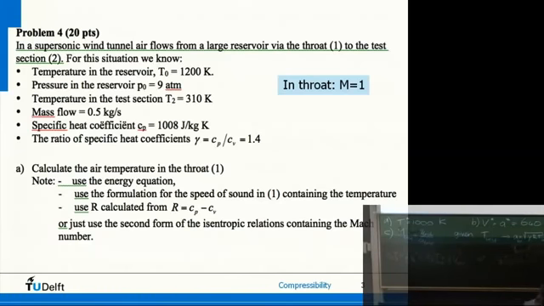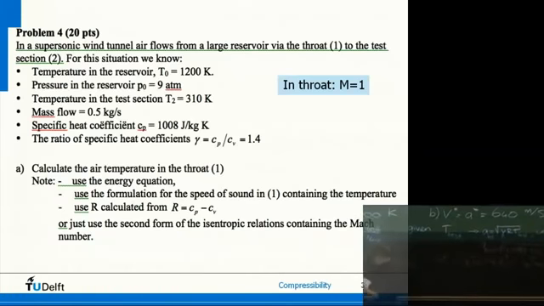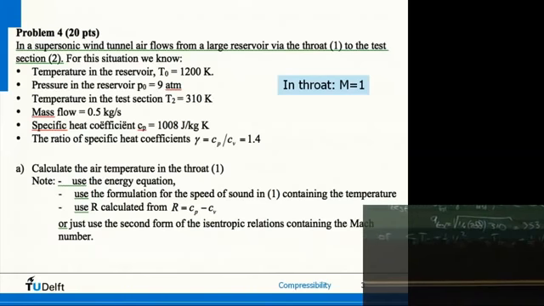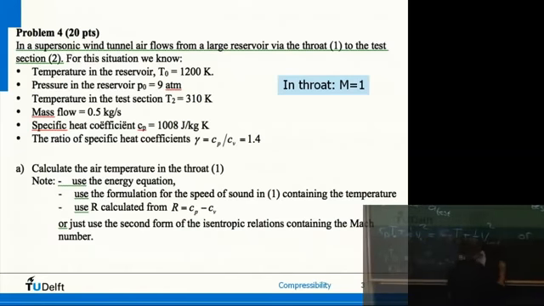Okay. And I chose the reservoir. So we have CpT0, and V0 is almost 0, so that's equal to CpT test plus a half V test squared. So V test is equal to the square root of 2 times (CpT0 minus Cp T test).